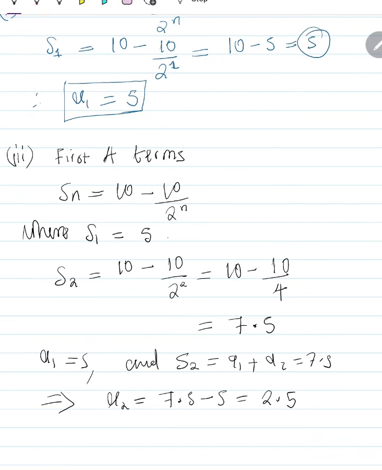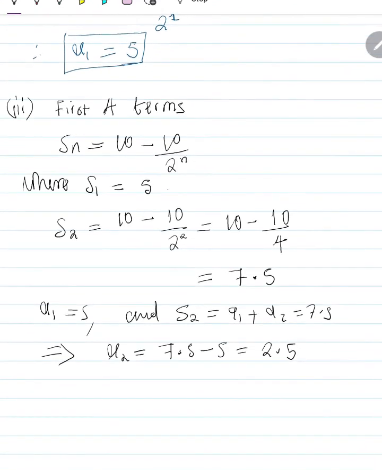Now what is S3? How many do we have? You have the first term, which is 5, and the second term, 2.5. We are remaining with 2 terms.